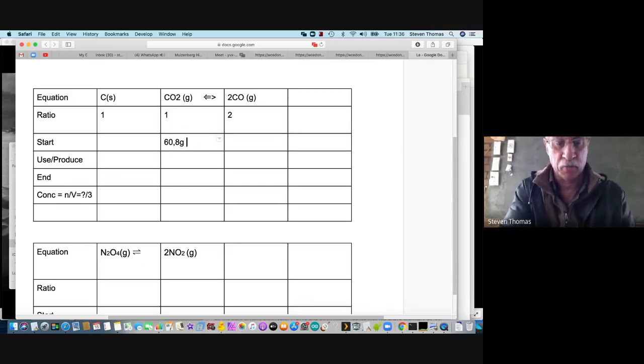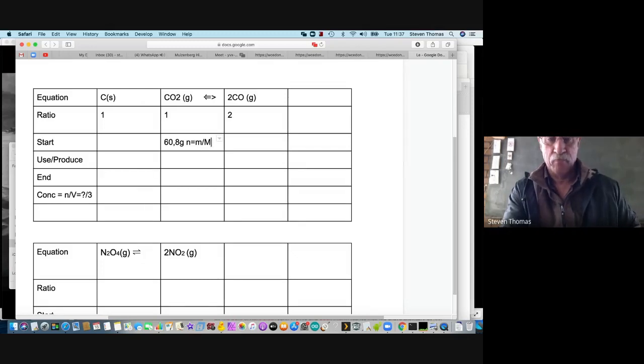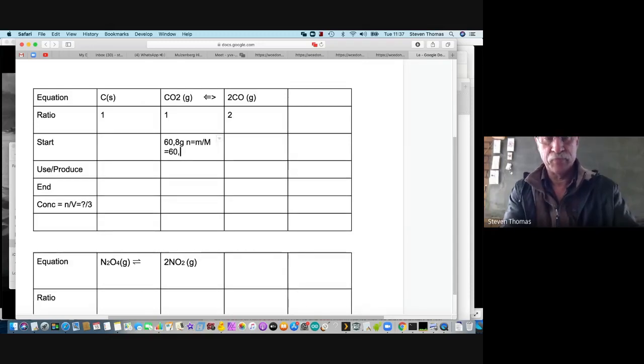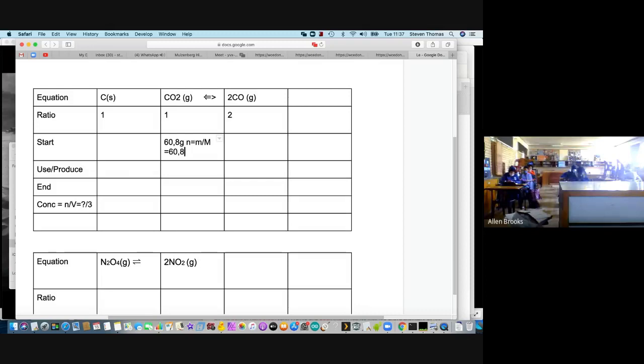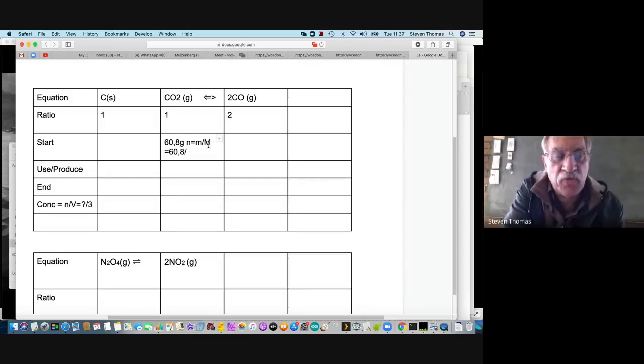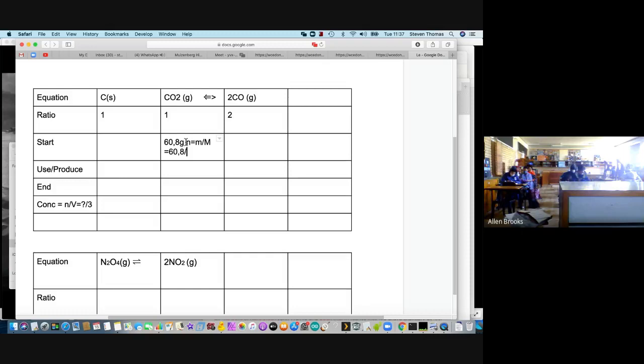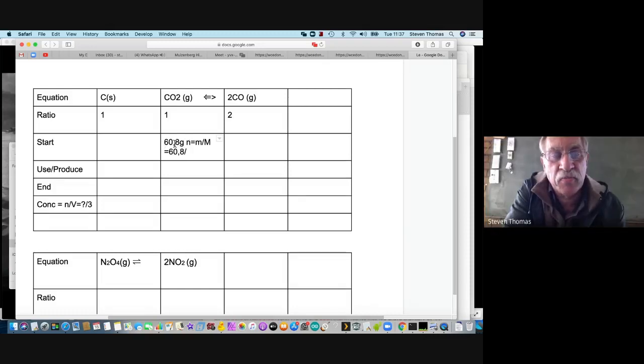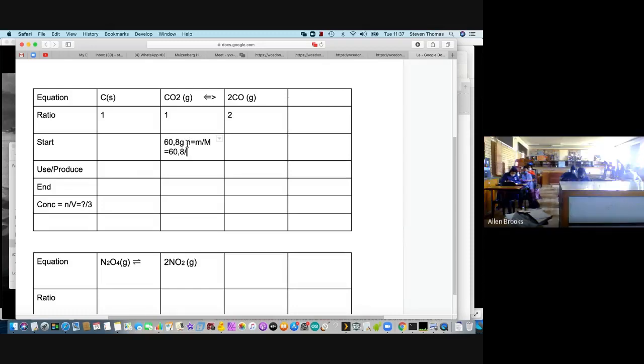What is that formula? Pascal says mass over molecular mass.